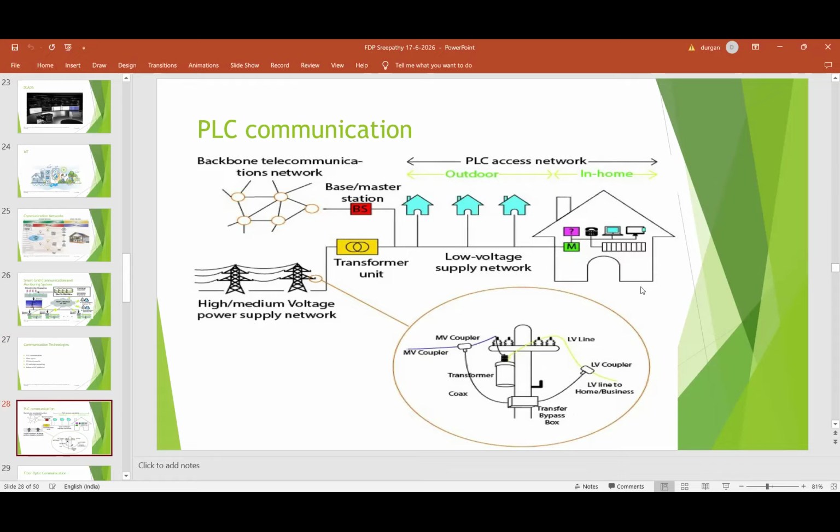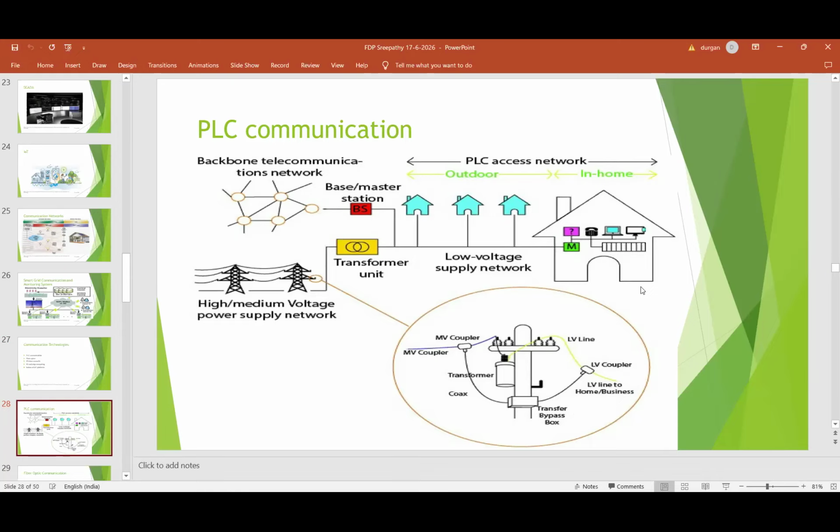So this PLC eliminates the need for separate communication cables, and once the signals are imposed onto the electrical power signal, they travel through the same transmission or distribution line. So the smart meters adopt this PLC, which is used for energy optimization. So PLC is the main component of the smart meters.